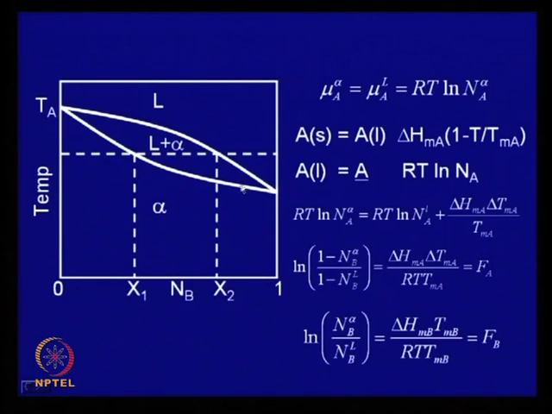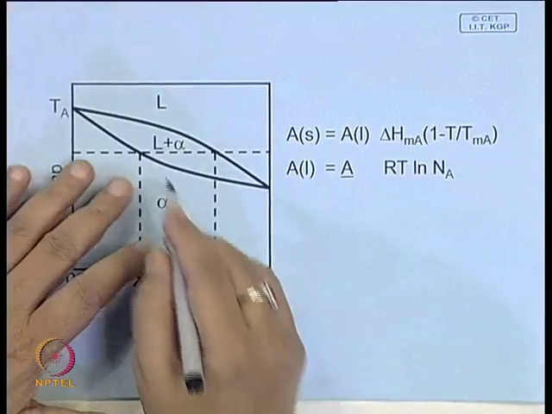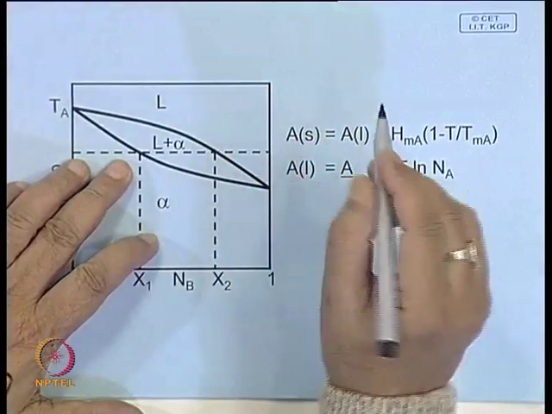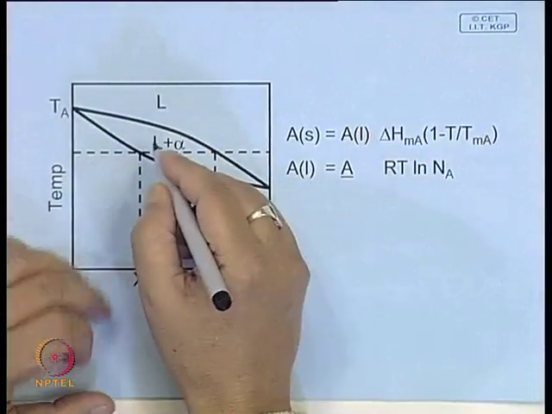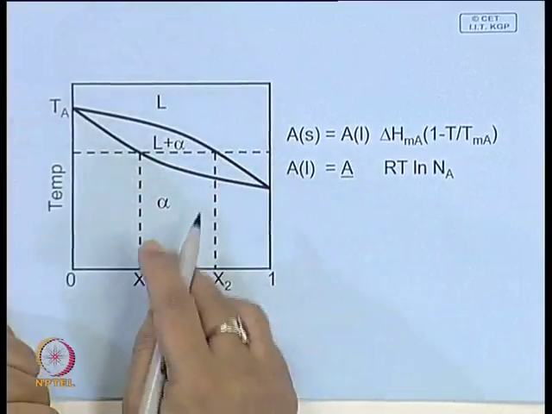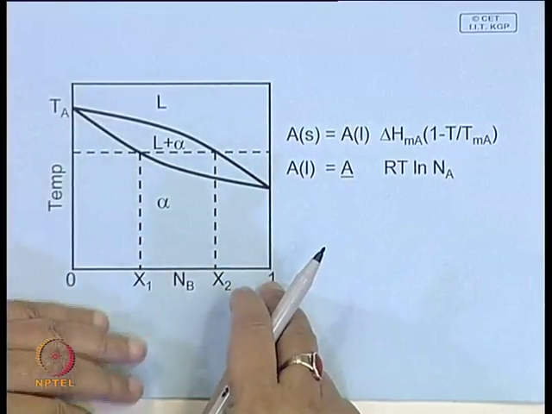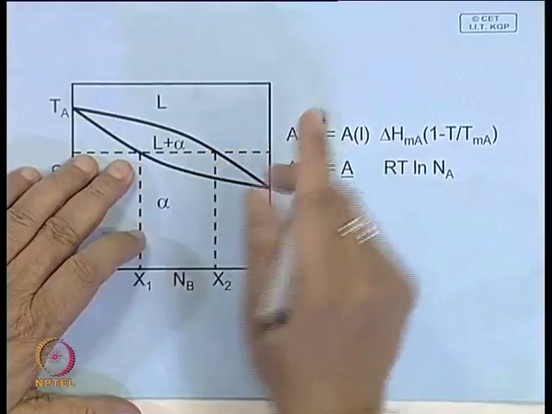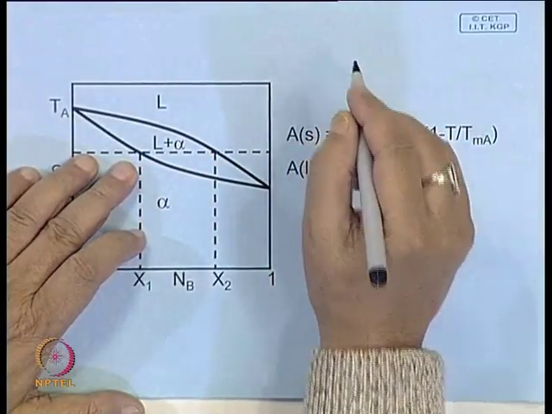Is it possible to calculate the phase diagram from the basic concepts? Let us go through this exercise. What you need to do is find out the chemical potential of A and B in the two phases which are coexisting.